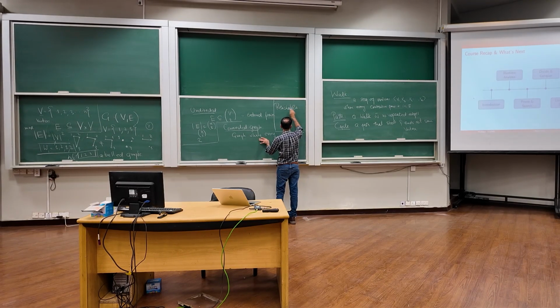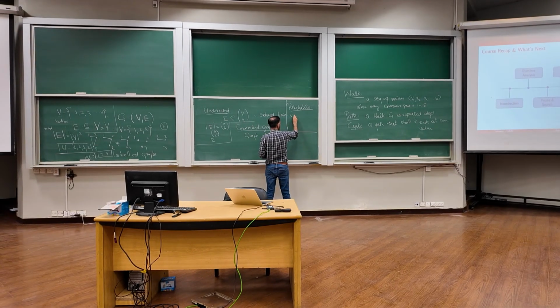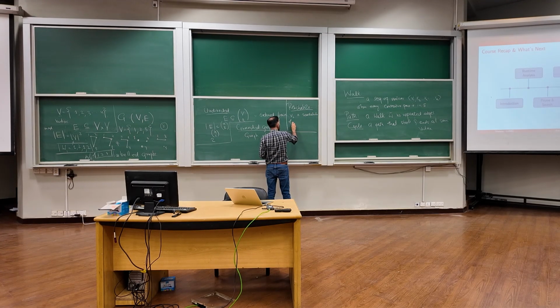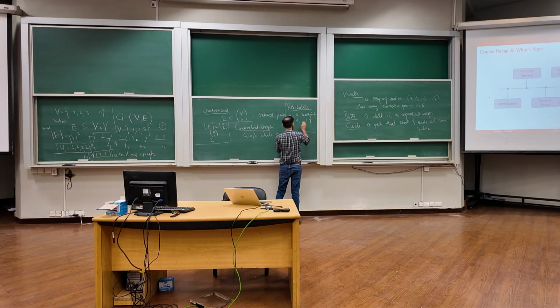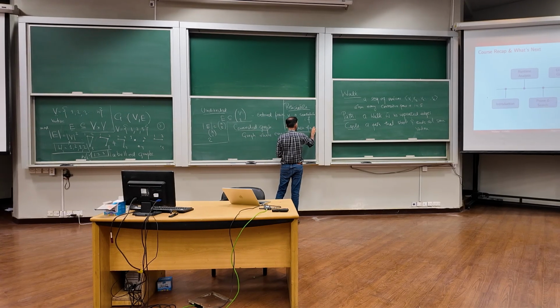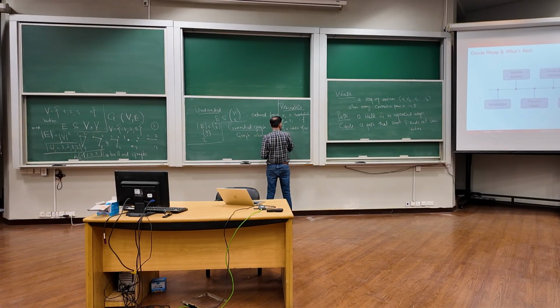Reachable. So we say that Vi is reachable from Vj if there exists a walk from Vj to Vi.